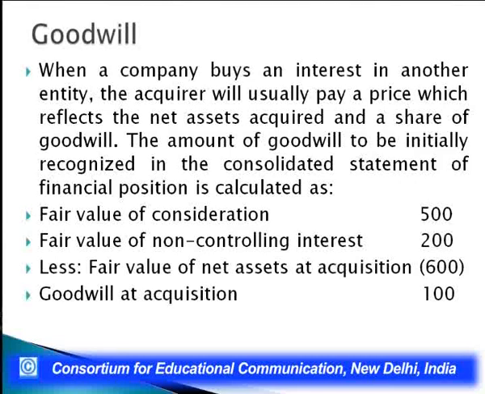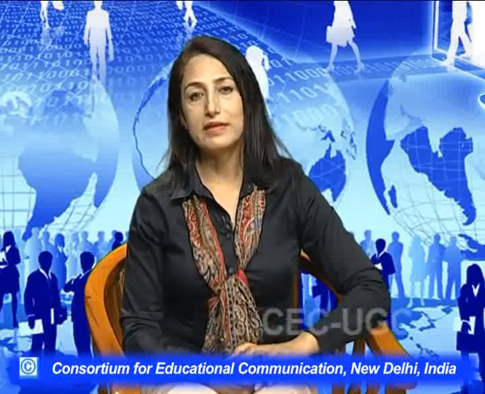So, the value of the net assets which we acquired is 600. So, the difference of this is 100. So, fair value of consideration paid plus fair value of non-controlling interest minus the fair value of assets acquired is basically your difference known as goodwill.